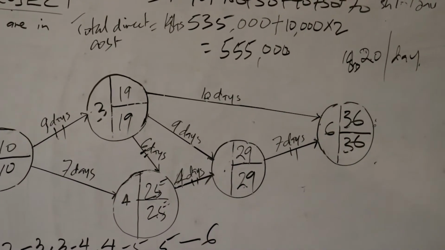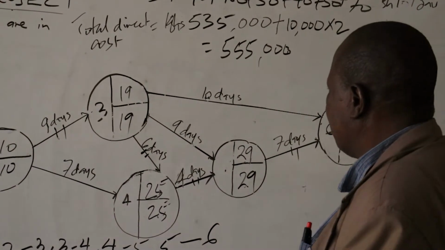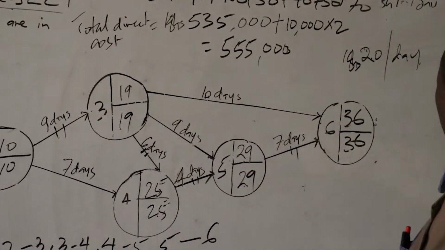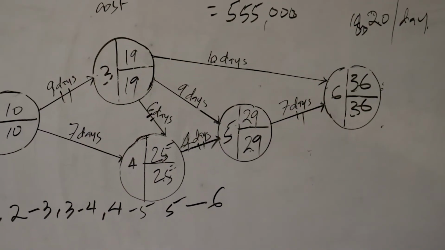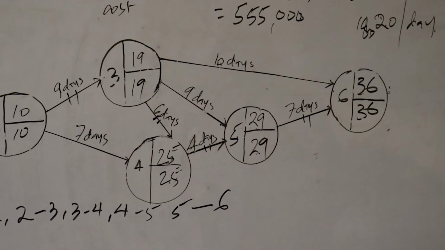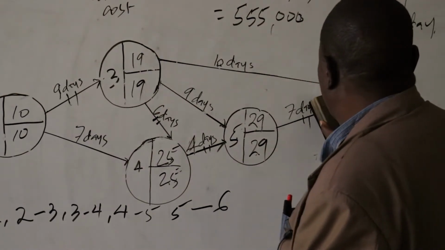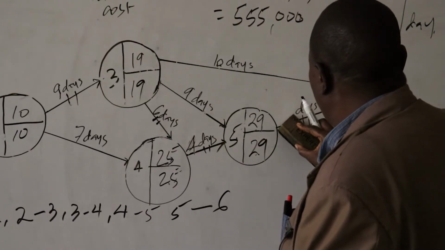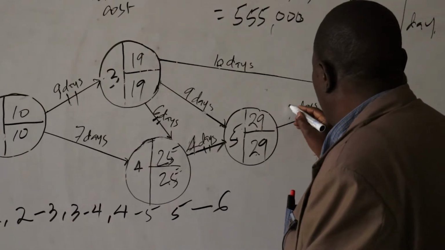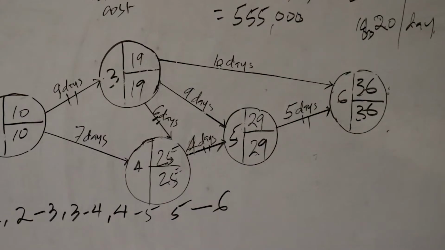So we are going to crash activity 5 to 6, and how many days are available? There are 2 days available. So it becomes 7 minus 2, that is 5 days.